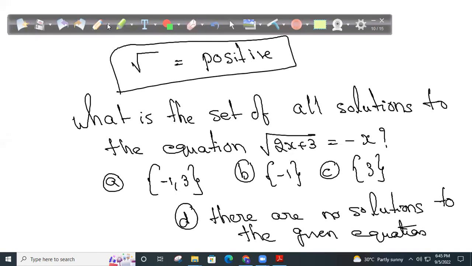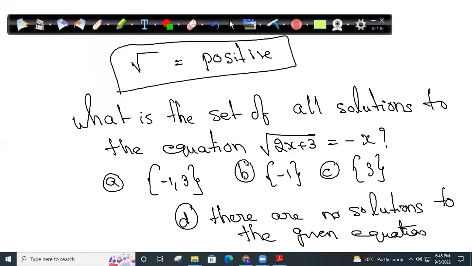That's it. Correct, right? So which of the following solutions? It means the answer can be -1, or 3, or there are no solutions. Assume -1 is the answer. I'll try to simplify my left hand side: 2 times -1 plus 3, which is -2 plus 3, which is 1. Square root of 1 is 1.